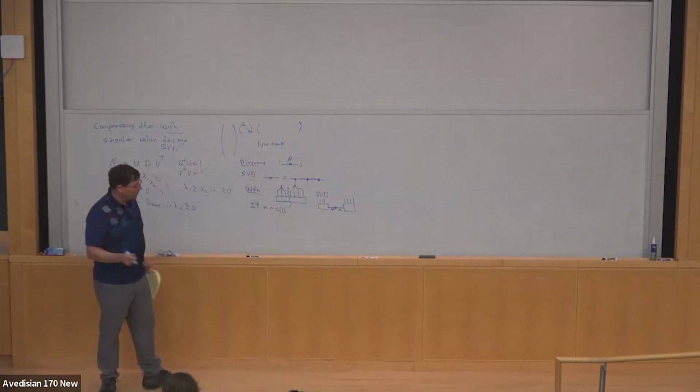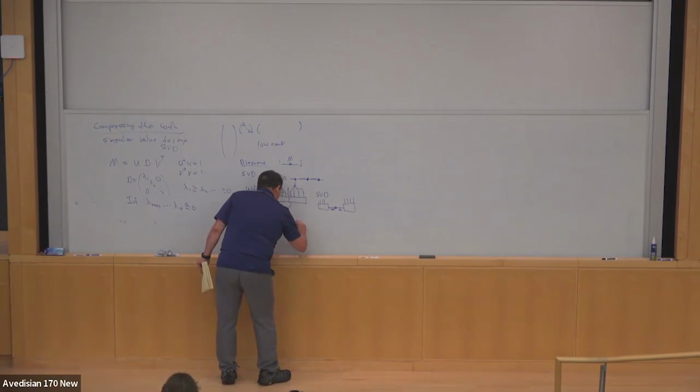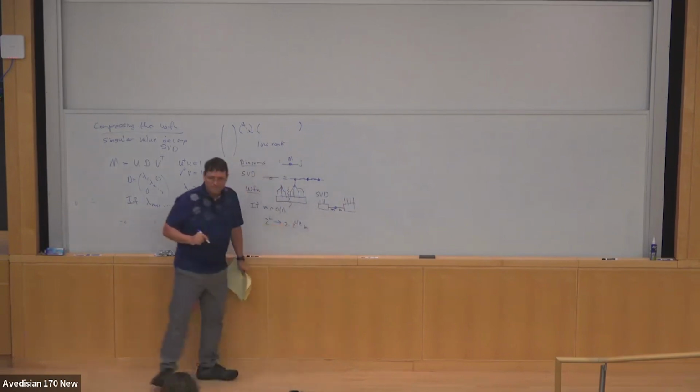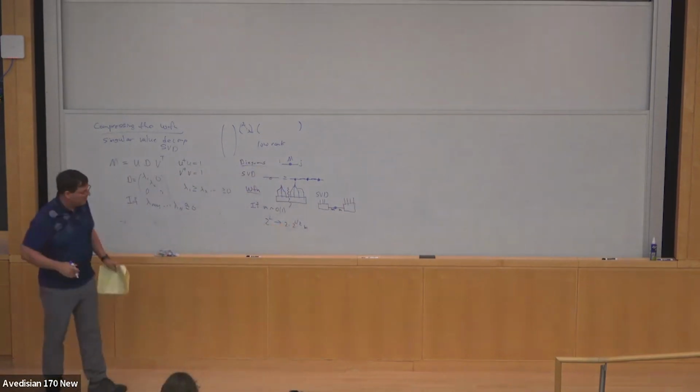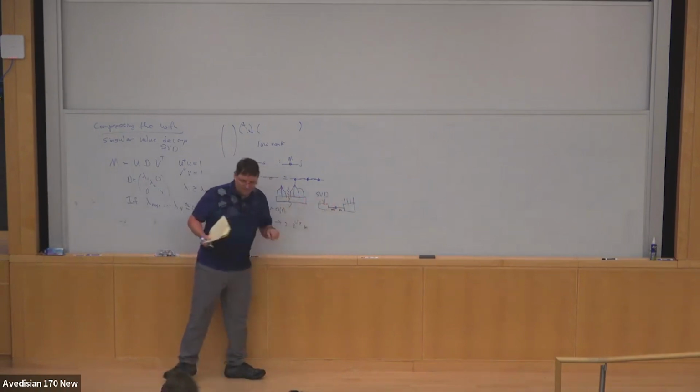I get a compression from the original thing, which is 2 to the L, down to, I have 2 guys and they're of dimension, they still have L over 2, but with an extra m. Okay, and so that was just the 2 of them, and then this dimension of that.